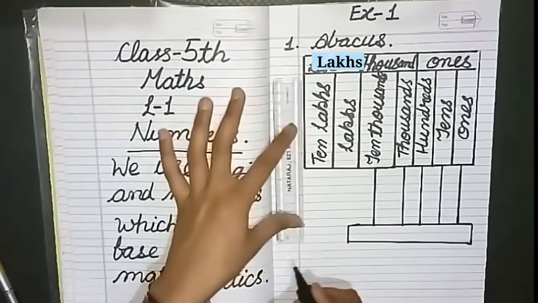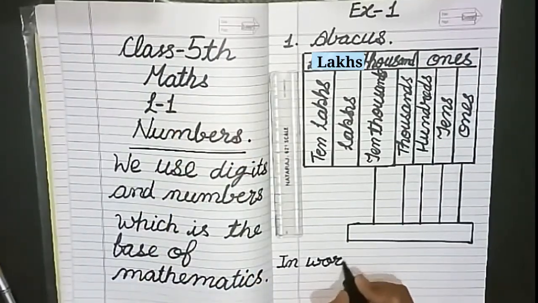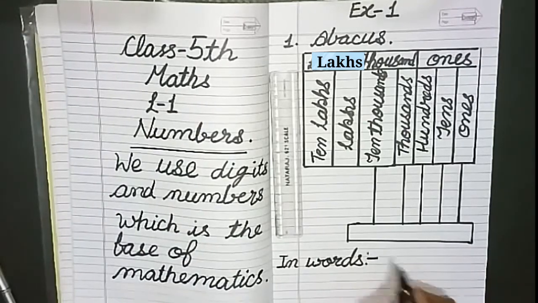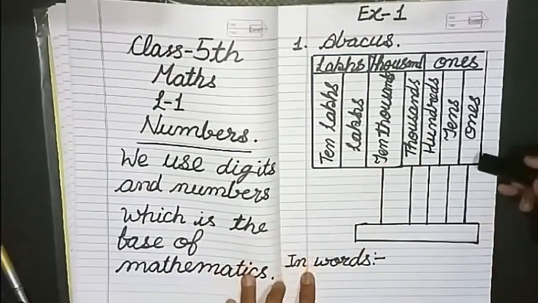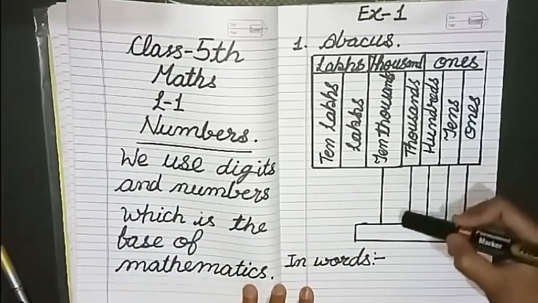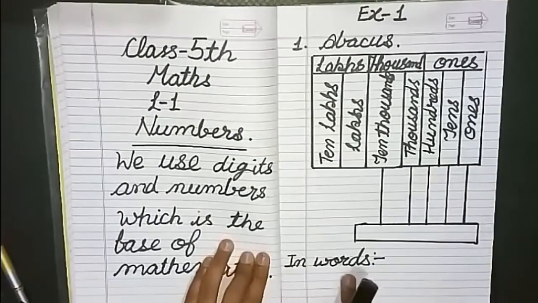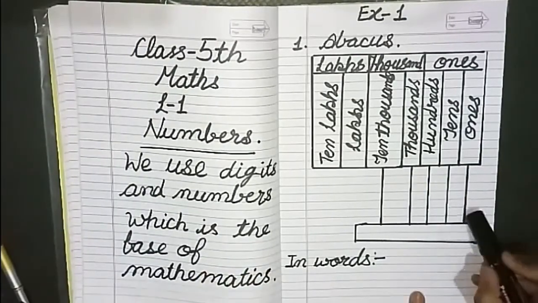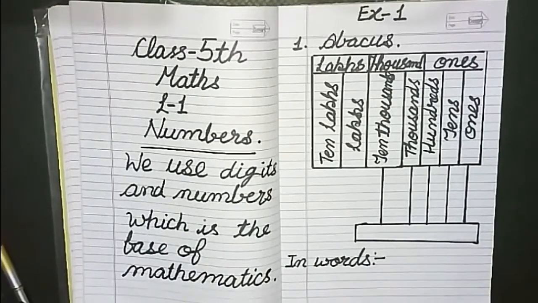So let me tell you, here we have 5 rods and these rods have beads on them, right? So let's draw beads on the given rods so that we can write this value in words. Here these are 5 rods.